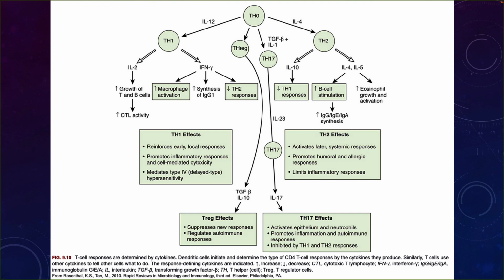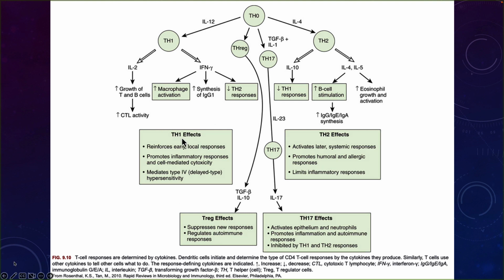The thing with immunology, just like medical microbiology, it changes super rapidly. When I took immunology, there was only Th1 and Th2, and now there's a couple more. So again, it depends on the types of cytokines that stimulate these helper T cells.